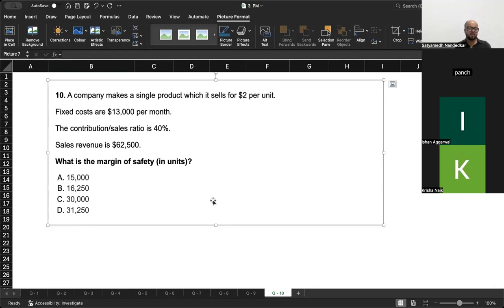Sales revenue is 62,500. What is the margin of safety in units? Okay, I will give you 2 minutes to attempt. Take 2 minutes and solve, then we'll discuss it together.